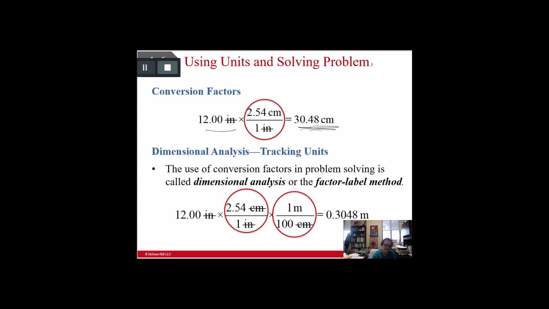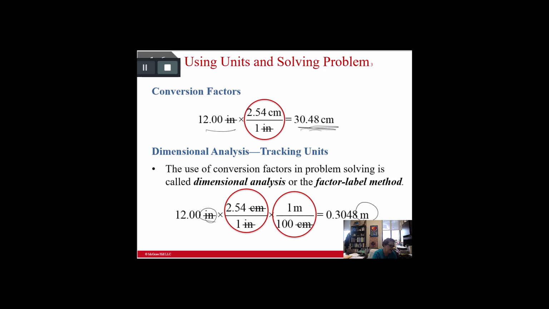In dimensional analysis, let's say we wanted to get to meters. I know 2.54 centimeters in an inch. That's my go-to for getting from the English system to the metric system in chemistry. It's just easy for me to remember for whatever reason. If I get from the English inch system to centimeters, which is the metric system, then I can use that metric unit to get to whatever other metric unit I need.